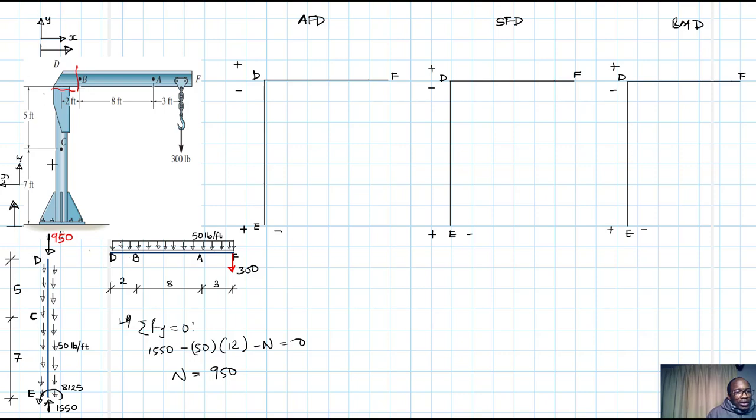And then we are also going to expect a moment here, let's call it m.